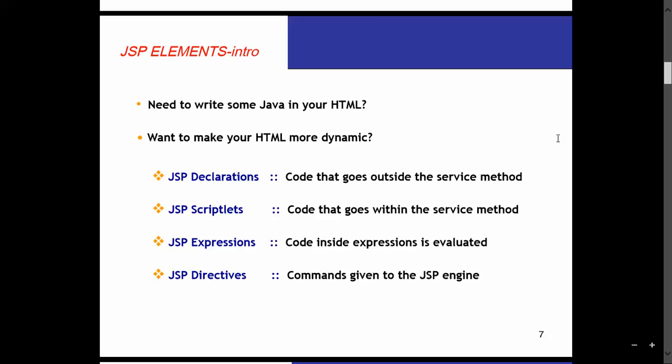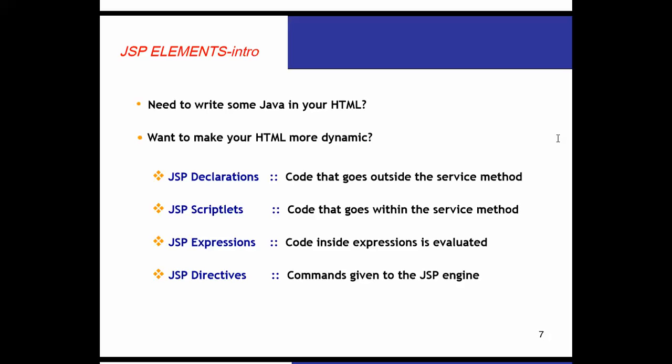Why do we write HTML code? HTML is a static page, right? So in order to make it dynamic, we are going to embed Java code in that. In order to make the web page more dynamic, we'll be using Java Server Pages.